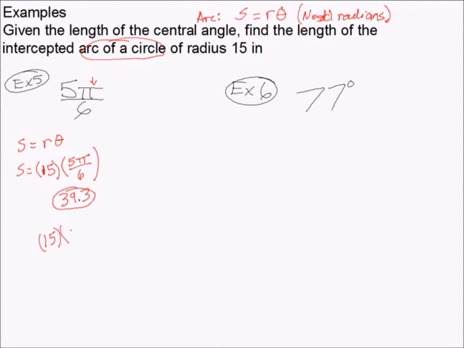And then for the decimal, if you plug that in the calculator real quick, so I have 5 pi divided by 6, it would be 2.617938779.